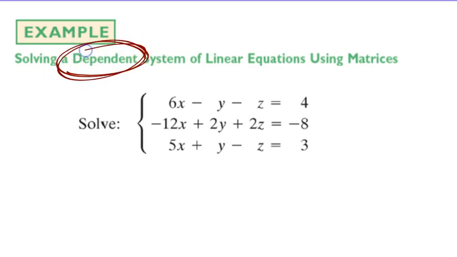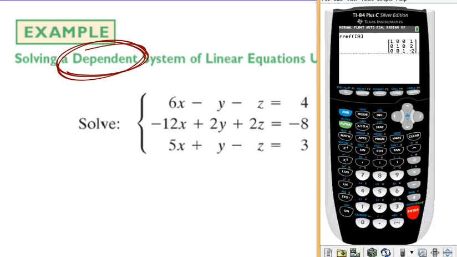If it's dependent, that means there's infinitely many solutions, and if there is infinitely many solutions, you need to write the solutions in terms of the other variables. Usually z is the parameter. So I'll show you how to read this off your calculator. Again, I'm going to do a 3 by 4 matrix.